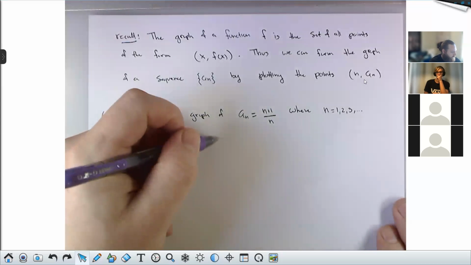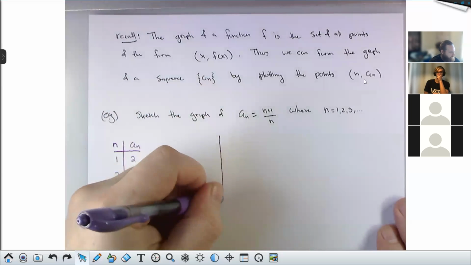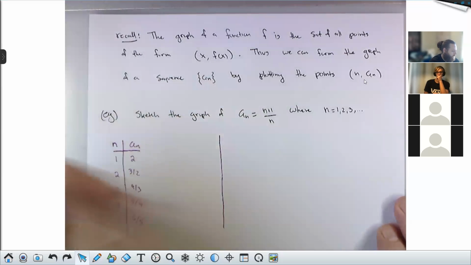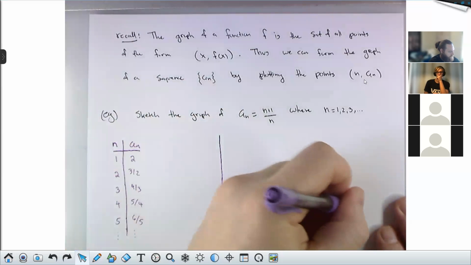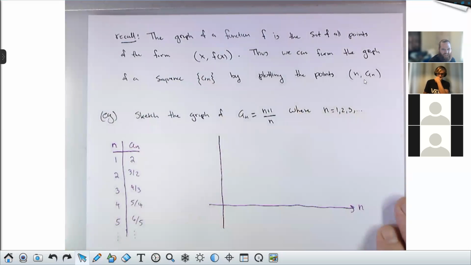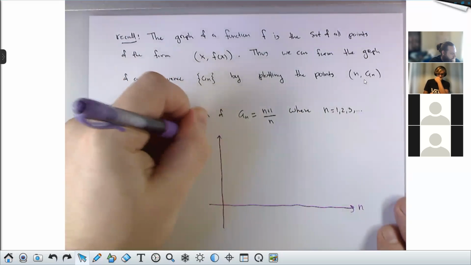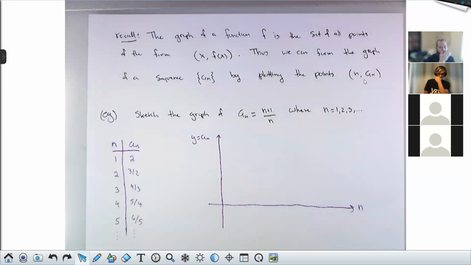If I want to draw this graph, you'll pay attention to the scales you pick for your inputs and outputs, for your vertical axis and the horizontal axis. Your horizontal axis, your set of inputs, is now your n-axis. And the vertical axis I'll mark as y equals a_n. We'll call it the y-axis, but the outputs now are a_n rather than x's. All of these outputs live between 1 and 2. Right?